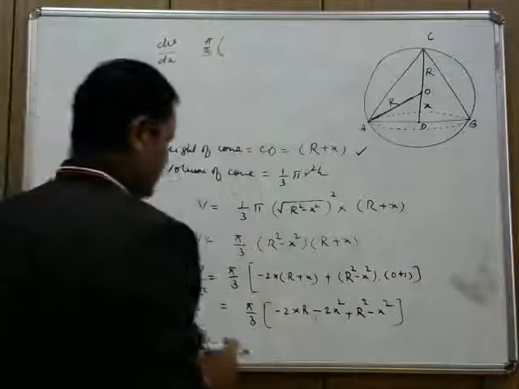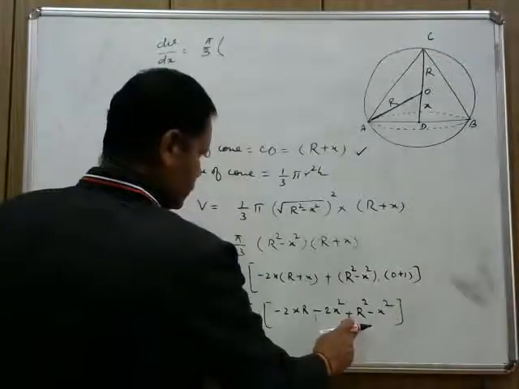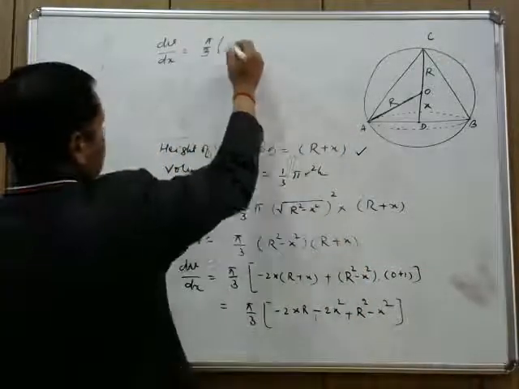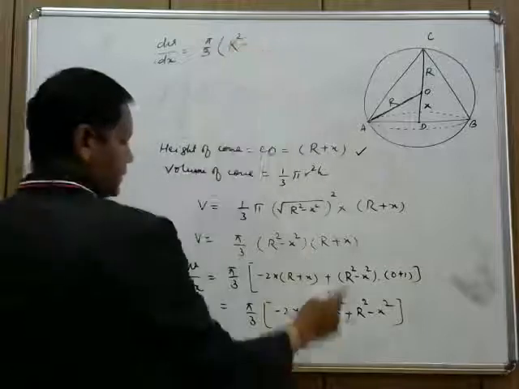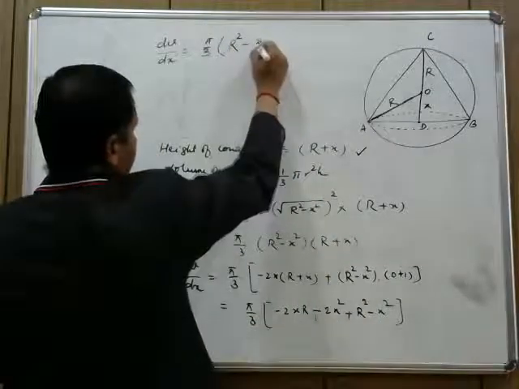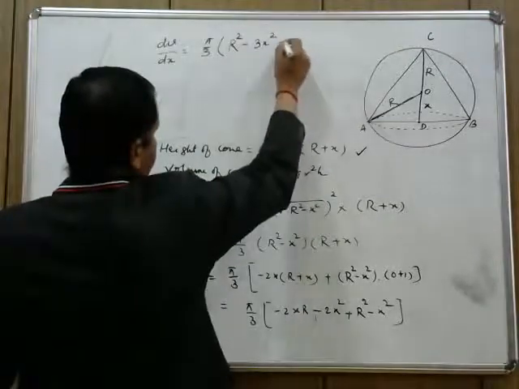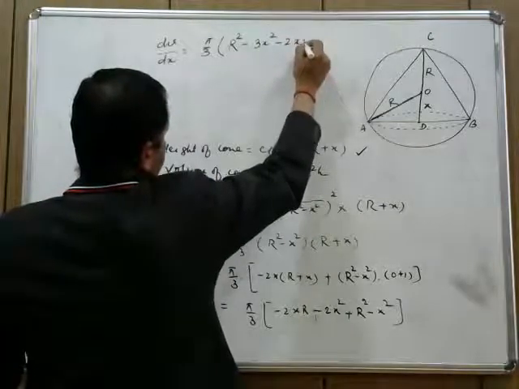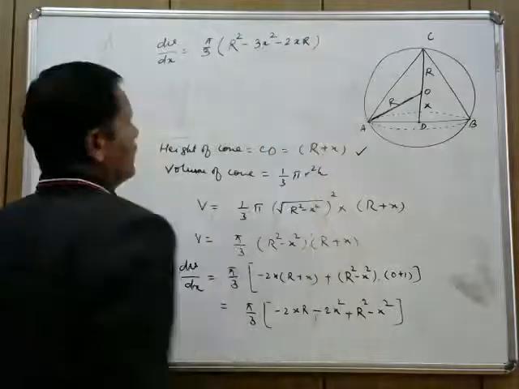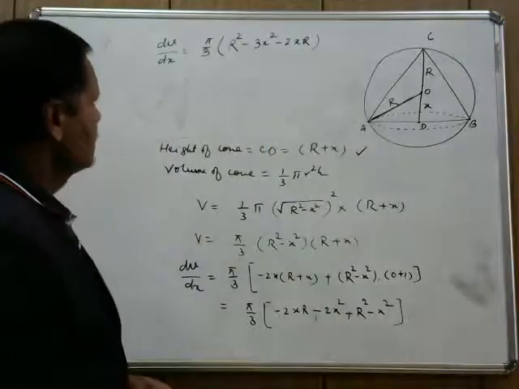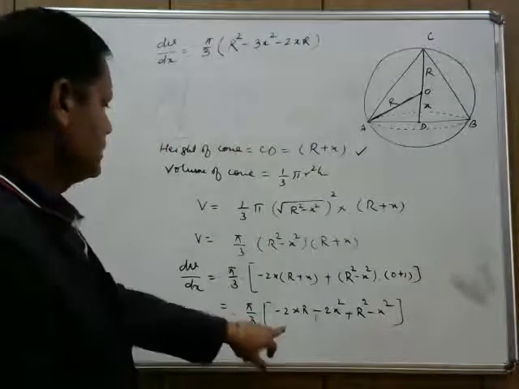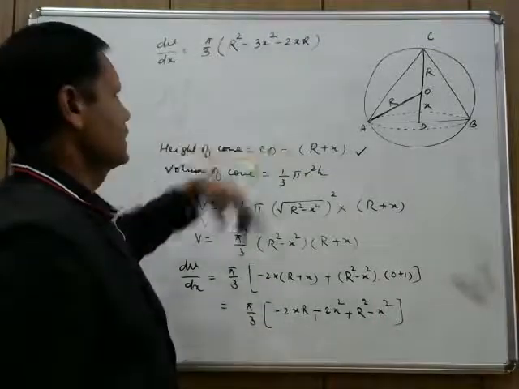Pi by 3 r square minus 3x square minus 2xr. R square minus 3xr minus 2xr minus 3x square.